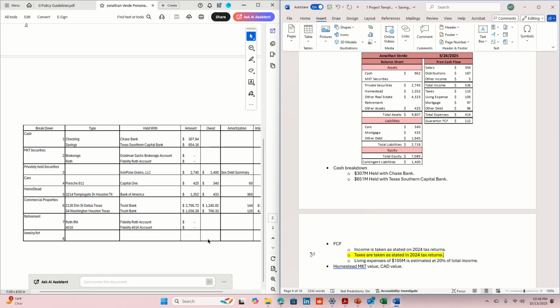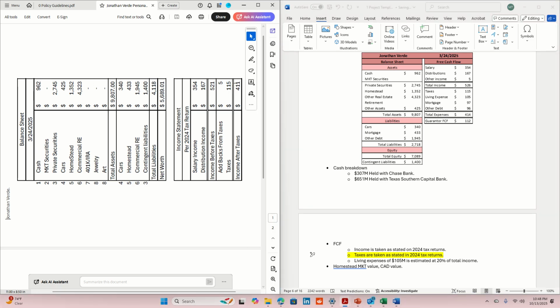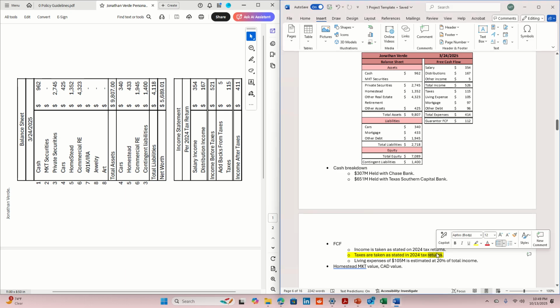Because remember, I didn't estimate taxes. I took taxes just as it was stated on their tax return here. And the reason why everything is different here is because remember, we have a mortgage, we have other debt, okay? That's what changes it up.